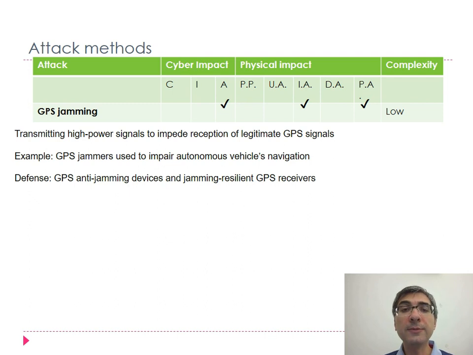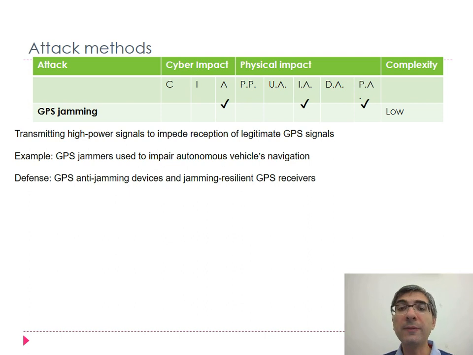And defense for this can be anti-jamming devices and jamming resilient GPS receivers. Now what that means, well, it depends on the type of technique used, but one technique that can be used is that one can measure, for example, the signal strength. If the signal strength of the supposedly legitimate GPS signal is very high, then that's unlikely to be legitimate, because the real signals, the legitimate GPS signals, come from satellites.